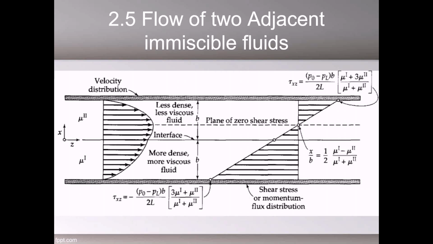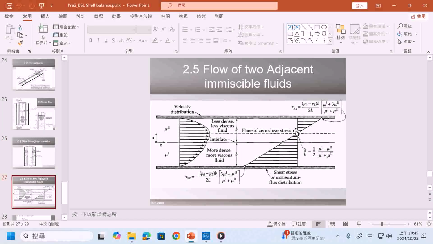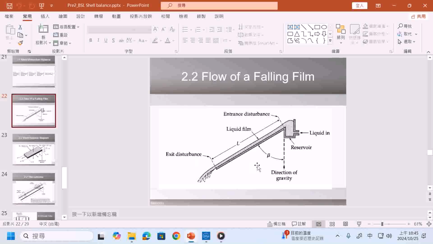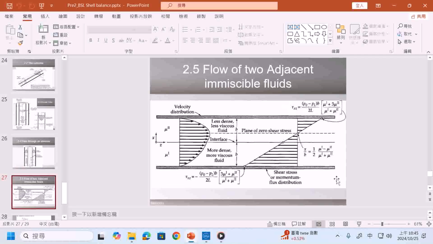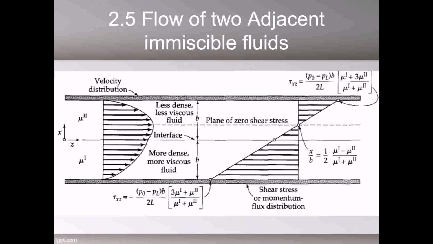If you compare to the previous one, you realize that's different. That one is exposed to the atmosphere, so the P upstream and the P downstream should be the same. Okay? But for this one, it's different. Your P upstream and P downstream, there's no reason they should be the same, okay? So you should have some P here, some P there. And that's the only thing that will contribute to here.